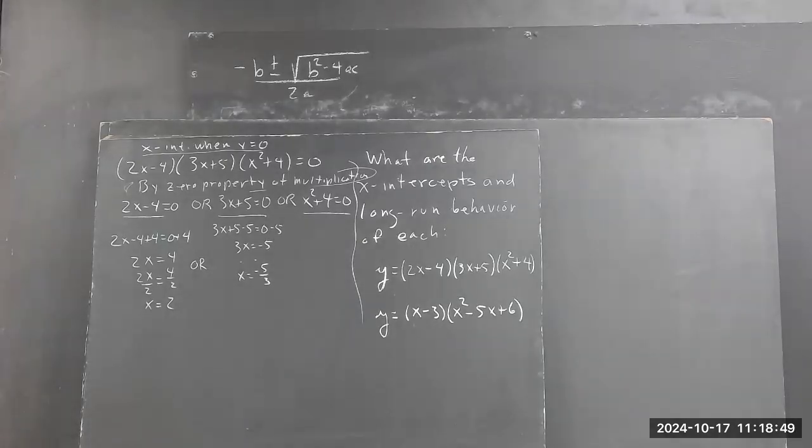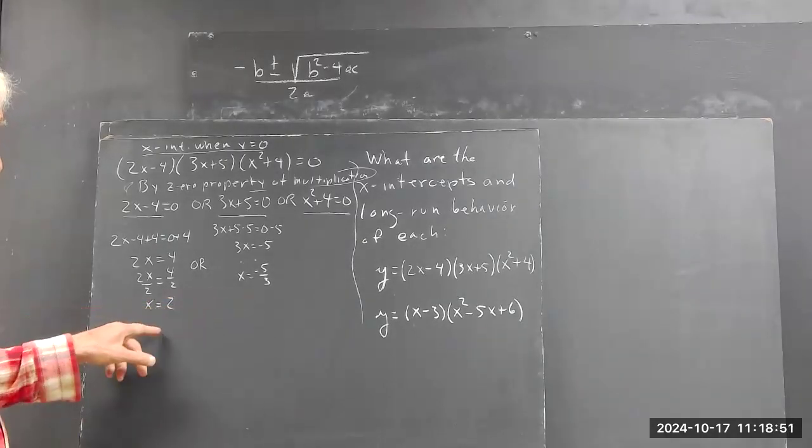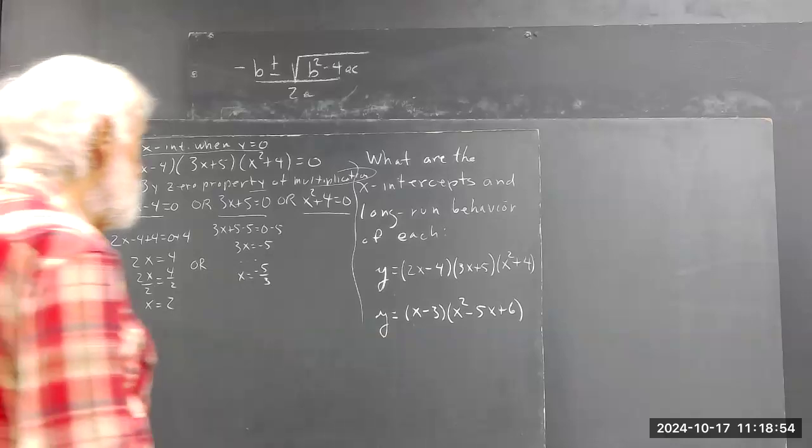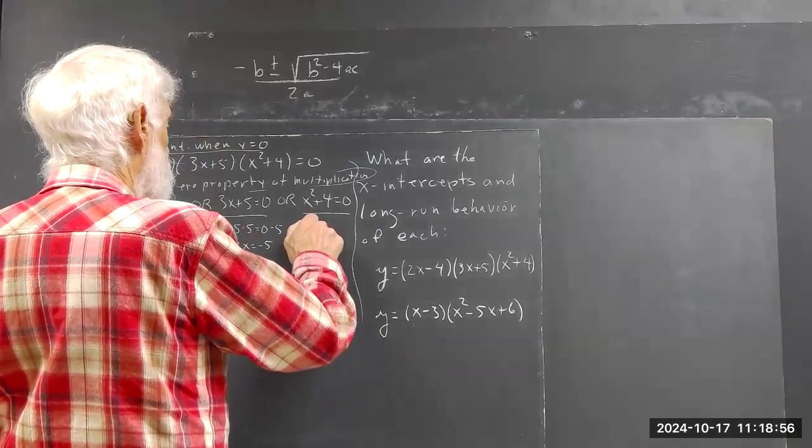Okay. So you get x equals negative 5/3. Then x squared plus 4 equals 0.